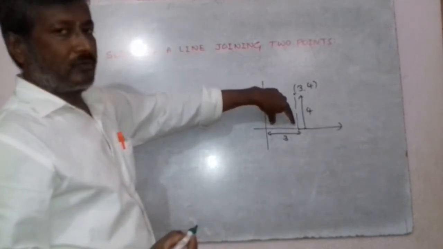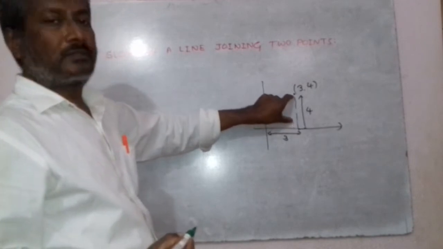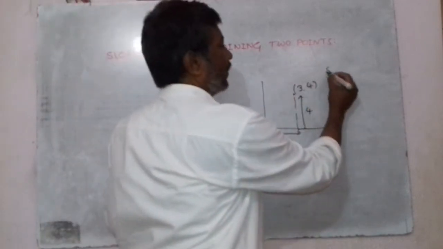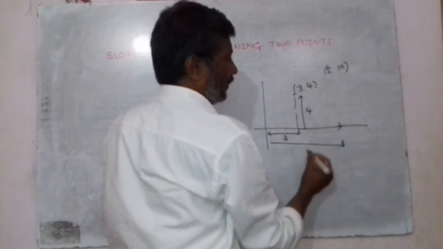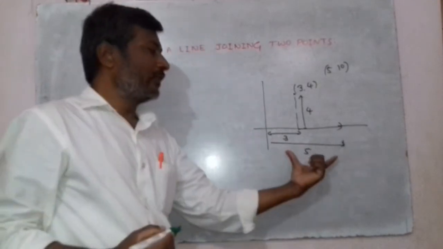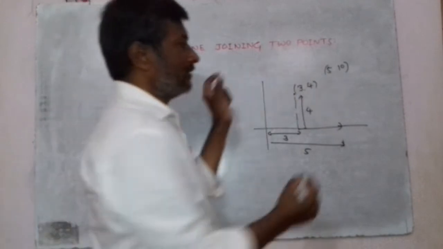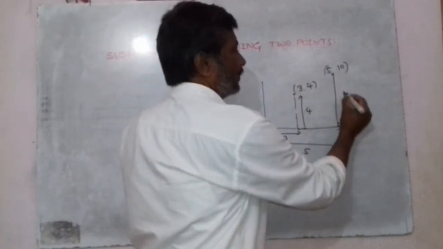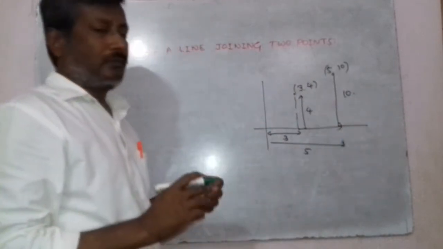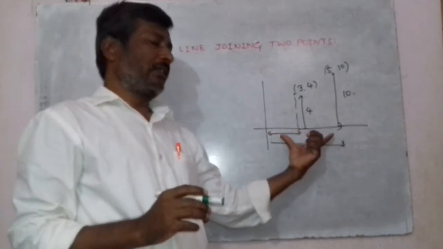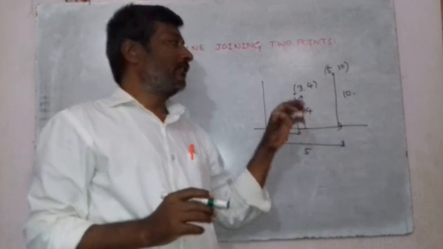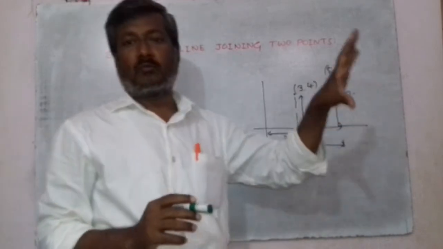Along the x axis 3 units, along the y axis 4 units. (5, 10) means width is 5 units, height is 10 units. So if it is (x, y), then the distance along the x axis is x and along the y axis is y units.